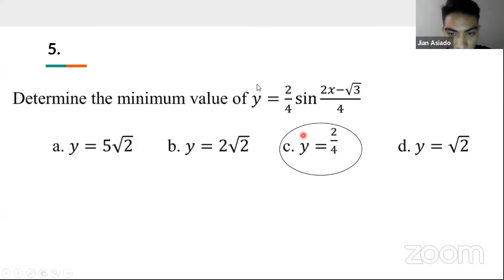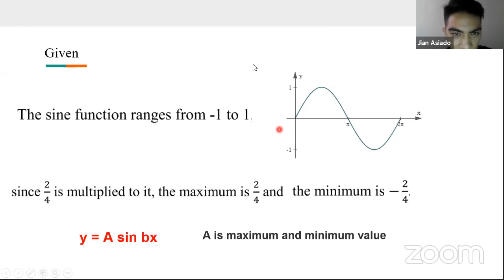Kung i-graph naman natin yung question, no, ang magiging maximum and minimum value niya is 1/2. Andito lang. So, magiging ganito lang siya. Ayan, no. So, hanggang 1/2 lang.